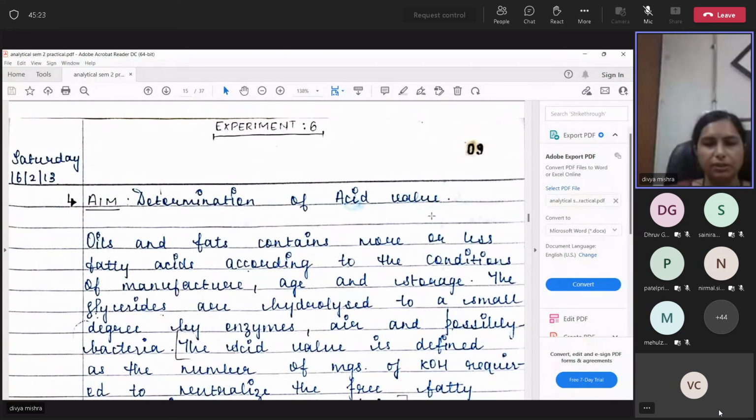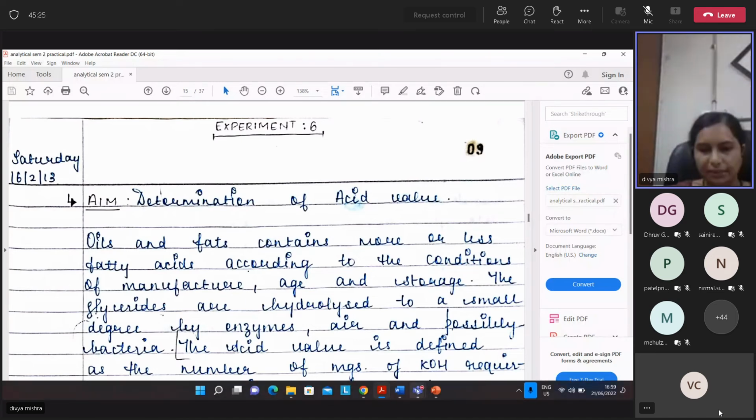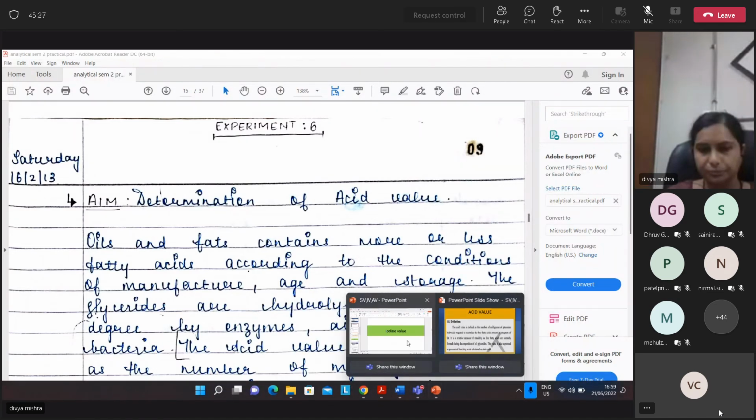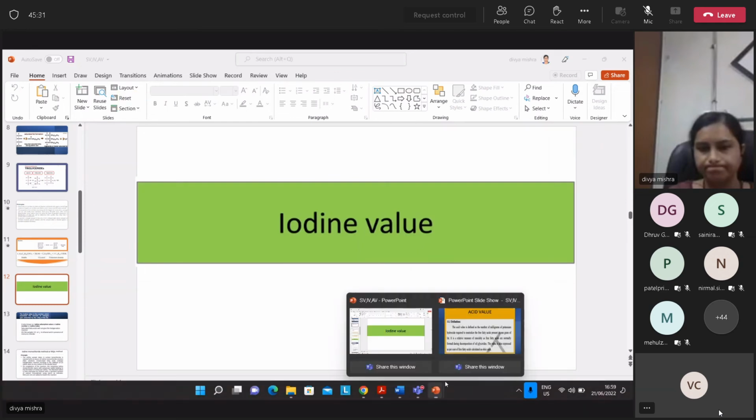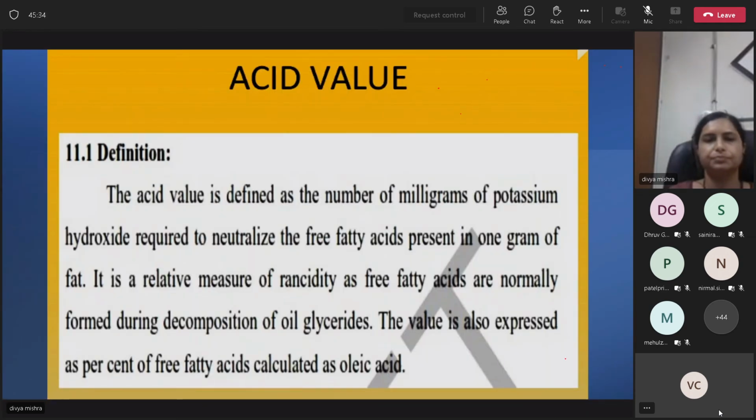Now the last one, determination of acid value. Acid value is the number of milligrams of potassium hydroxide used to neutralize the free fatty acid present in 1 gram of fat.